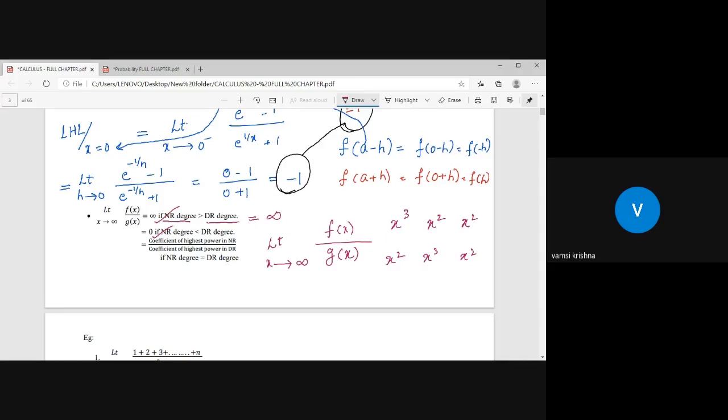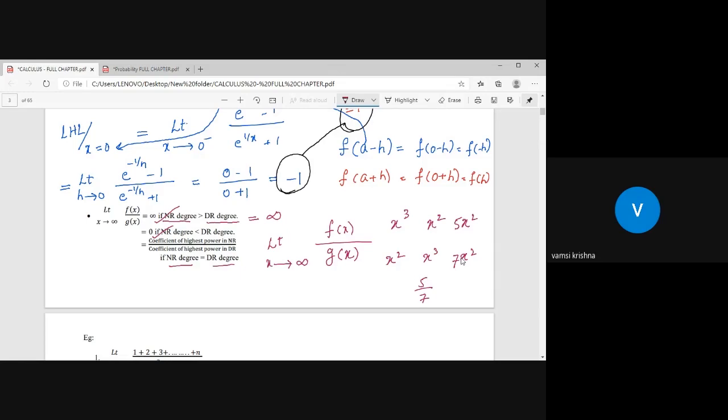If you are lucky, if numerator degree is equal to the denominator degree, then what do you say? Coefficient of highest power in numerator by highest power in denominator. What, sir? What is meant by this? Here x square and here x square are equal. See the x square coefficient in the numerator, see the x square coefficient in the denominator, and that will be your answer, 5/7.